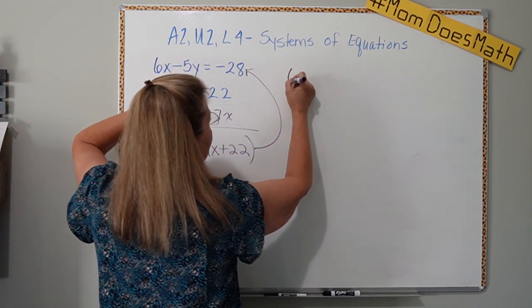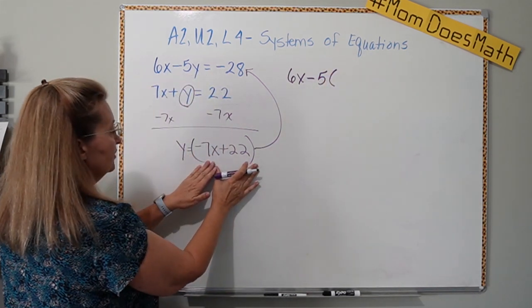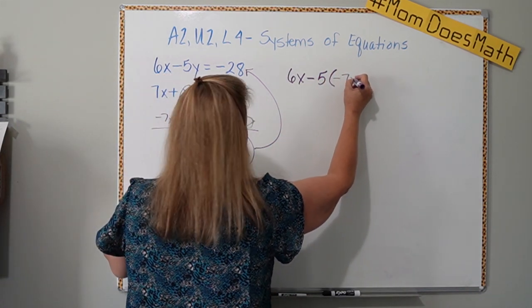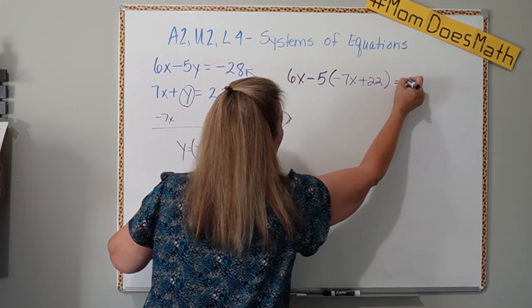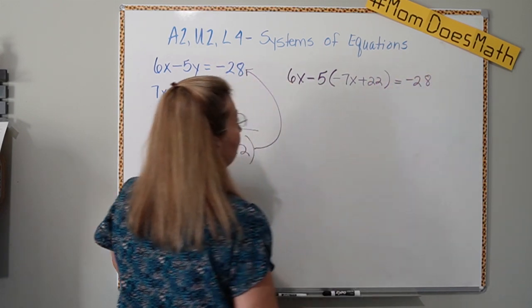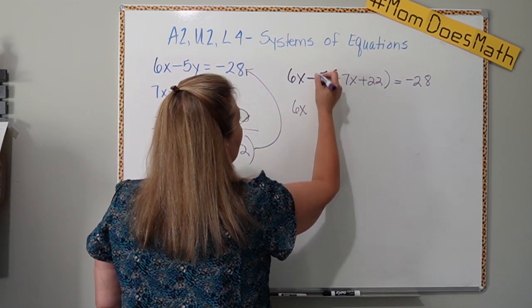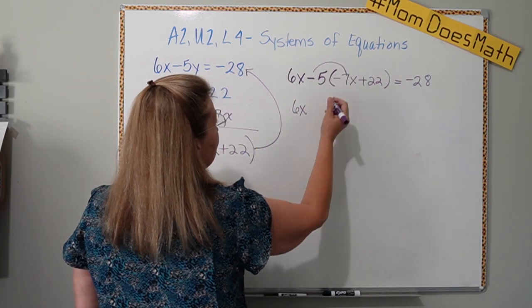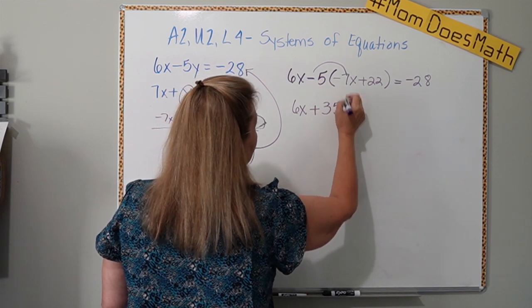So what I'm going to have is 6x minus 5 times, and here's where the substituting comes in, negative 7x plus 22 equals negative 28. Okay, so let's solve. 6x, now when you distribute minus 5 times minus 7x, that's going to give you plus 35x.